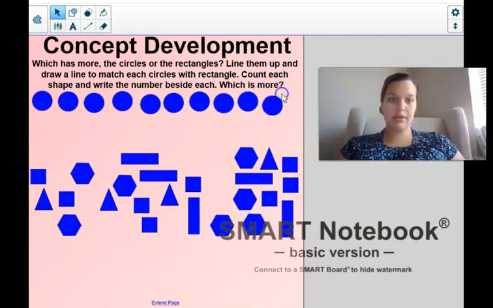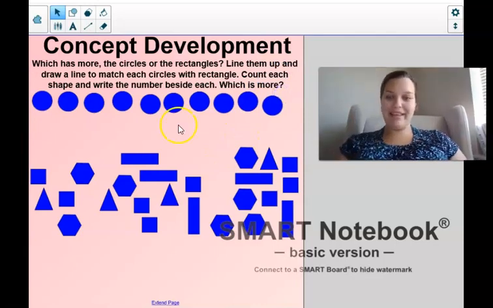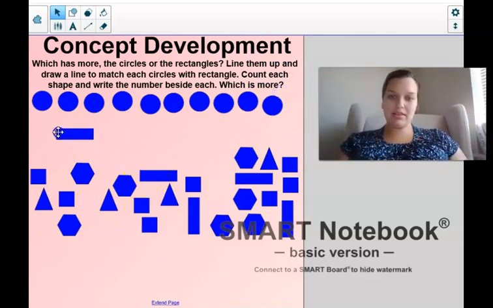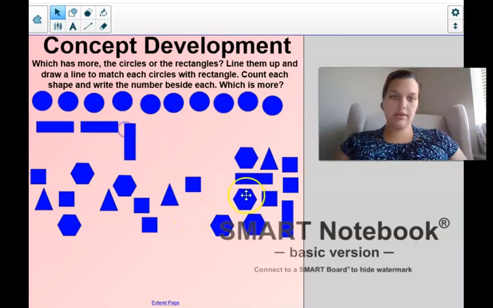Okay. Did I grab all the circles? Yeah. Can you help me grab all the rectangles? Now, how are we going to figure out which has more? What are we going to have to do?